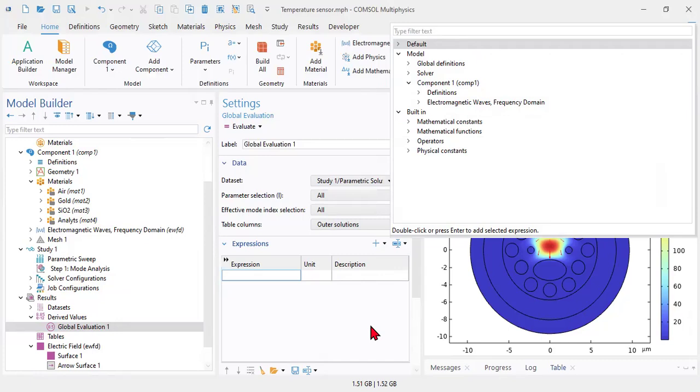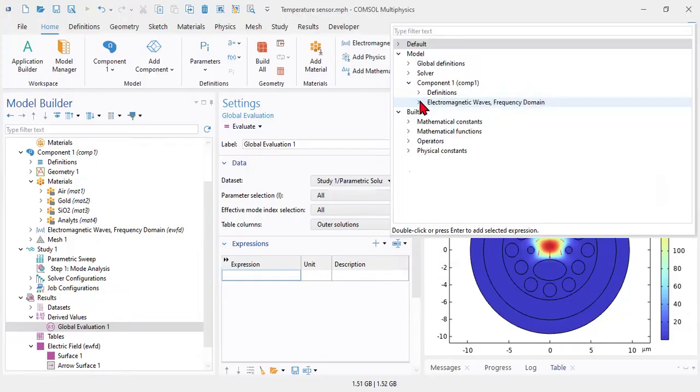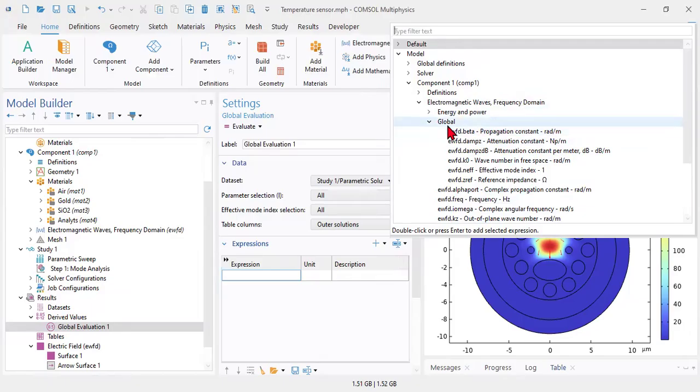Okay, let me tell you again. From replace expression, you have to click, then electromagnetic wave, sorry, we will get it from global. From global, you will get the effective mode index.